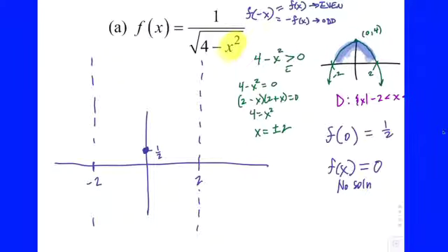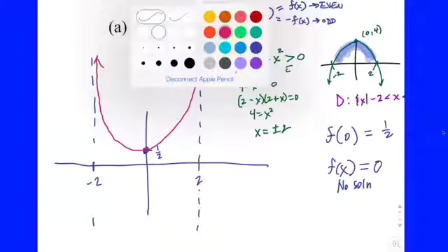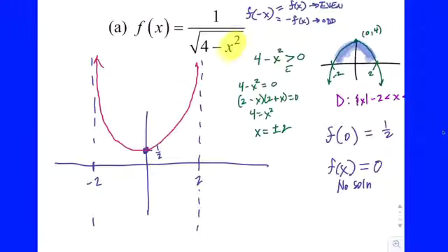It could possibly do this. It could possibly look like a parabola. That's supposed to be symmetric on either side. It's not really. And if that were the case, the absolute minimum would be 1/2, right? But is there another option without crossing the x-axis? Sure, it could actually do something like this.